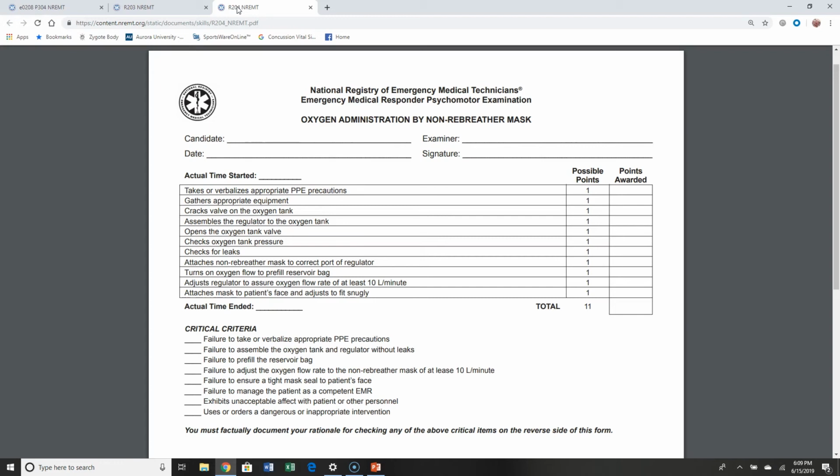Have that all ready. We would utilize the oxygen tank as we would based off of the video earlier in the presentation. So we're taking the seal off, we're putting the flow meter on, we're making sure everything turns on properly, there's no leaks, it's full, or at least has enough to be able to take care of the patient at the level that we are anticipating.